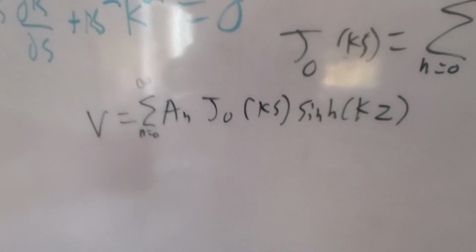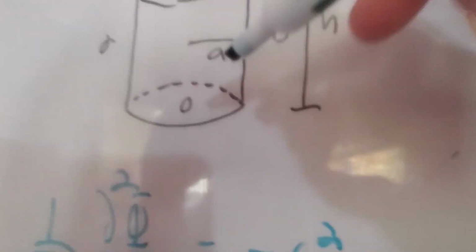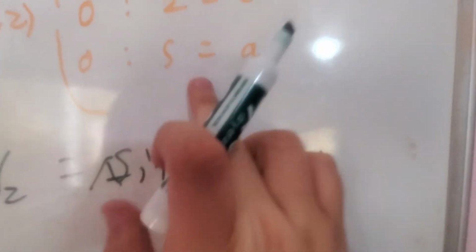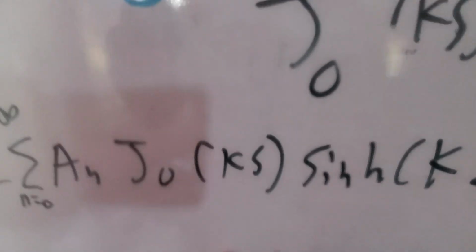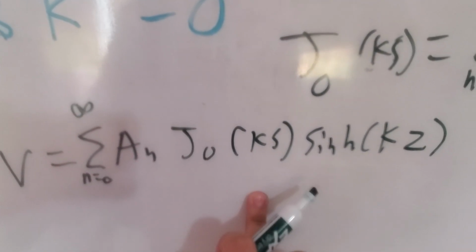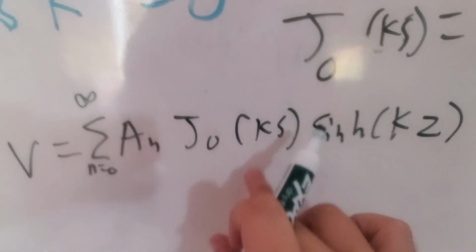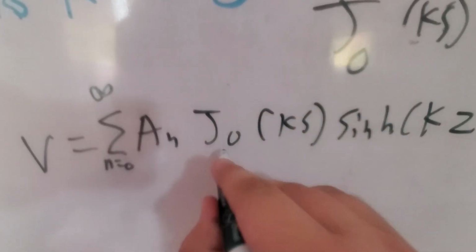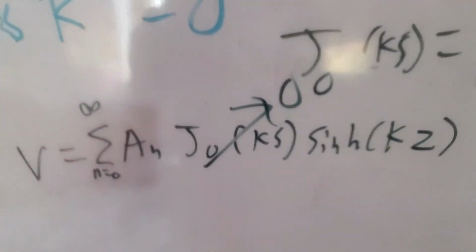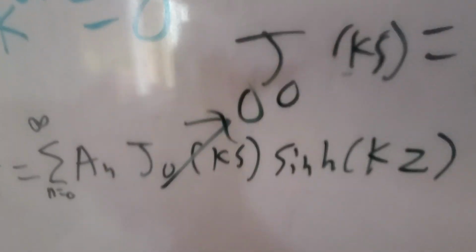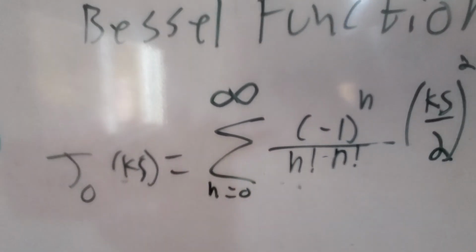Remember our boundary conditions. We've already satisfied the z direction ones here. Now we have to satisfy the radial directions. Now how do we do that? We need to make sure that when s is a, this Bessel function goes to 0. Bessel functions are well known for the fact that they have particular values at which they become 0.